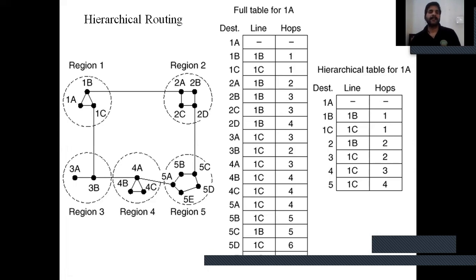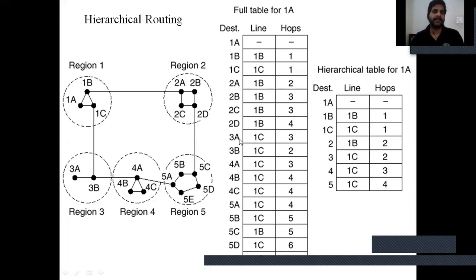We check which is the optimum route among the selected paths. The optimum route from 1A via 1B covers 2 nodes, and the line followed is 1B. So for destination 2A, the line chosen is 1B and hop is equal to 2. Similarly for 2B, line 1B and hop equal to 3. For 2D, line 1B as well.